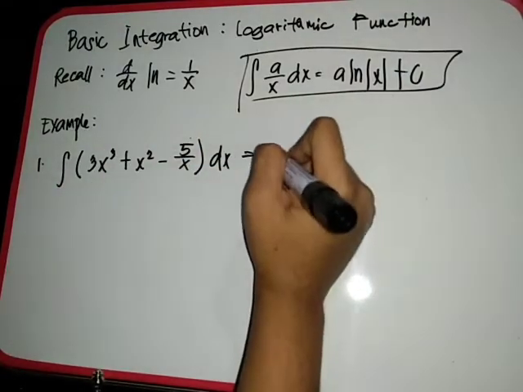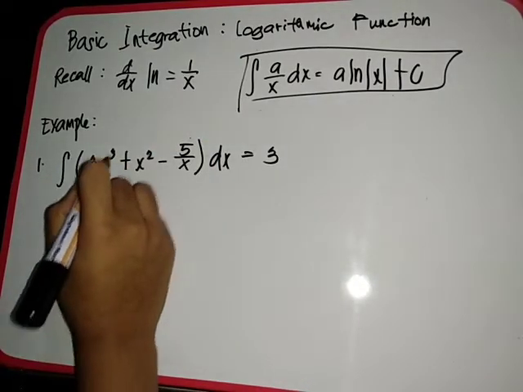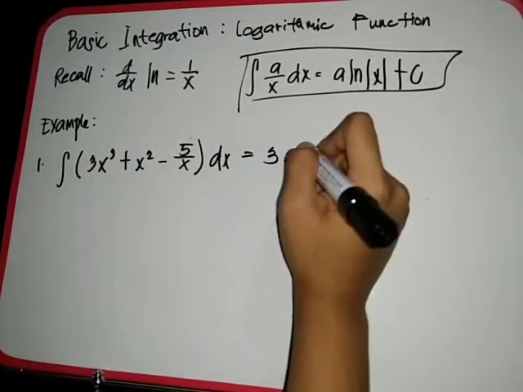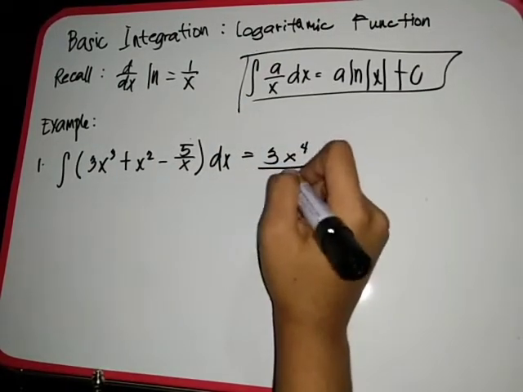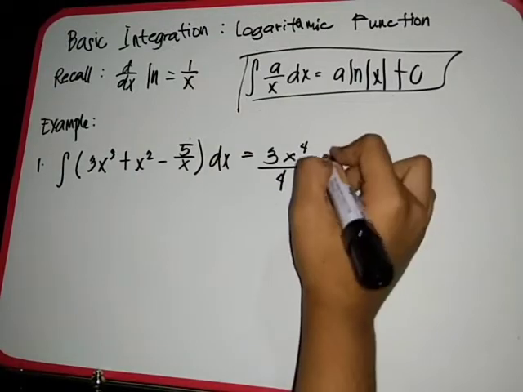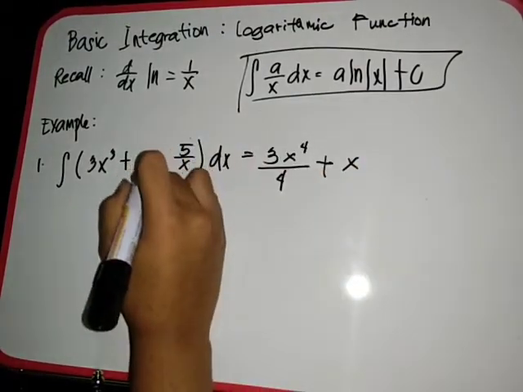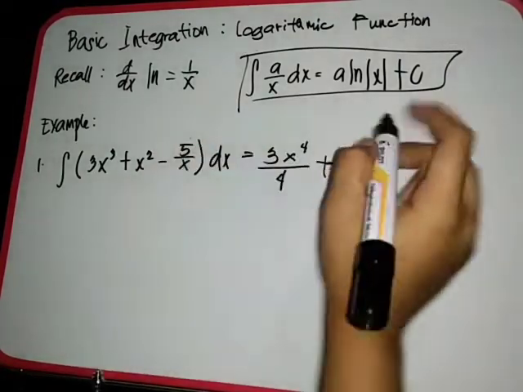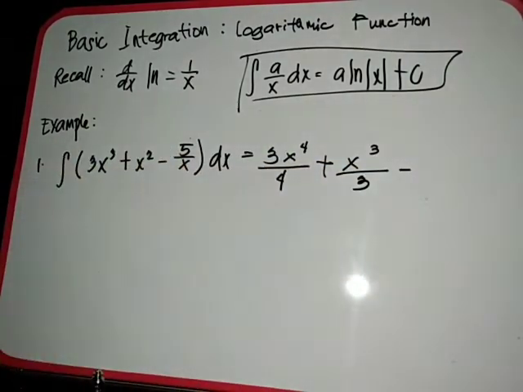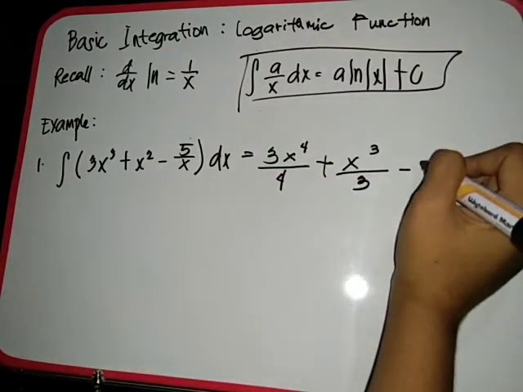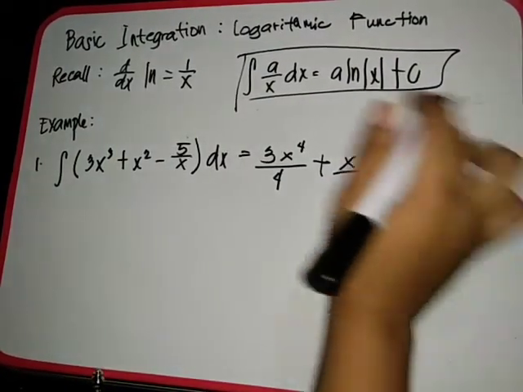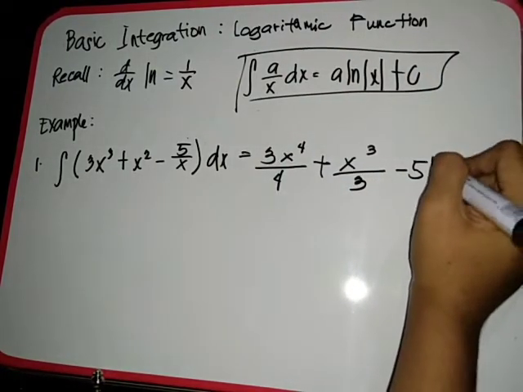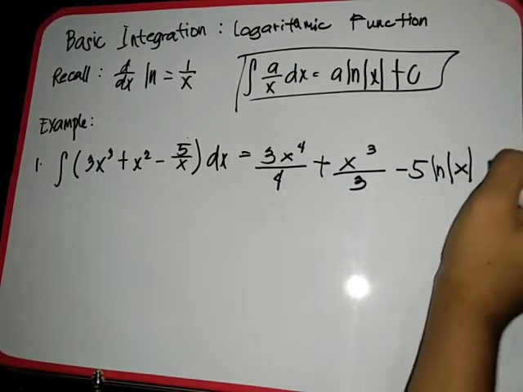Let's copy 3 and then x, and then 3 plus 1 is 4 over 4, plus x, 2 plus 1 is 3 over 3, minus, let's take out the constant number which is 5 and then apply this formula, ln of x plus c.